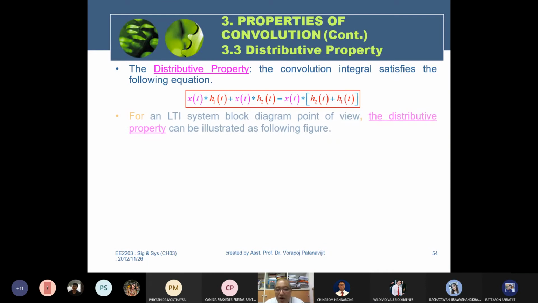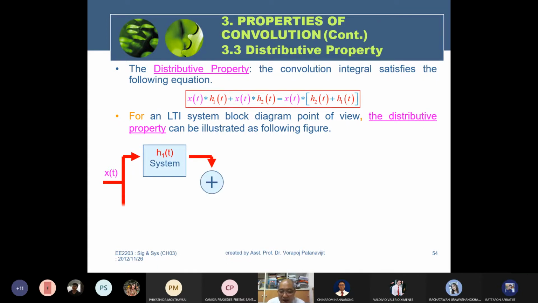For an LTI system block diagram point of view, the distributive property can be illustrated in the following figure. If the input is fed to H1, it gives you an output, and the same input fed to H2 gives you another output, and they add together.